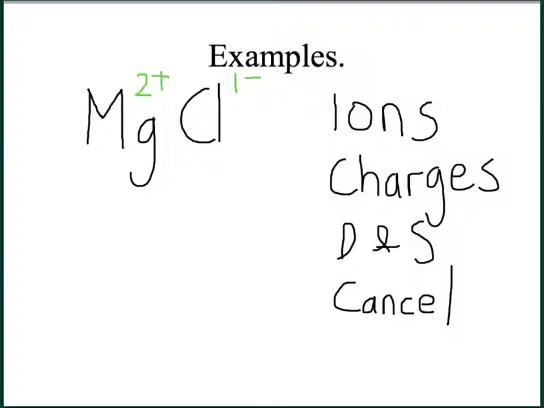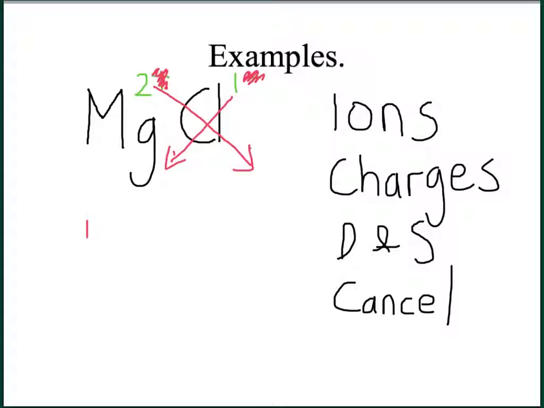Okay, let's look at another example then. This time we'll look at magnesium chloride, and what we do here, we've written the charges in, 2 plus and 1 minus, so we've written the ions in, put the charges in, and the first thing, drop and swap. So drop the charge, that's the first thing, and then we swap the numbers over like that.